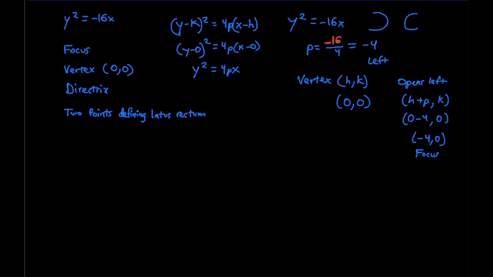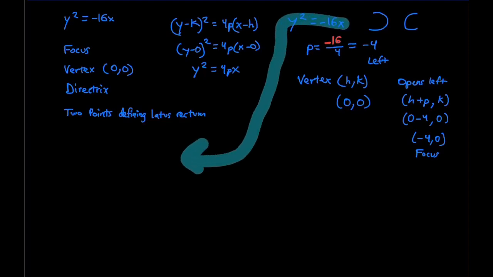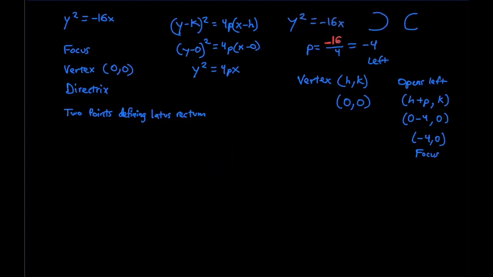Alright. Now, for this last part, the 2 points defining the latus rectum, you need the original equation here. So we'll take this y squared equals negative 16x, and we'll write it down here. What you're doing is you're taking the focus, and specifically, you're taking the coordinates from the focus, but not both of them.